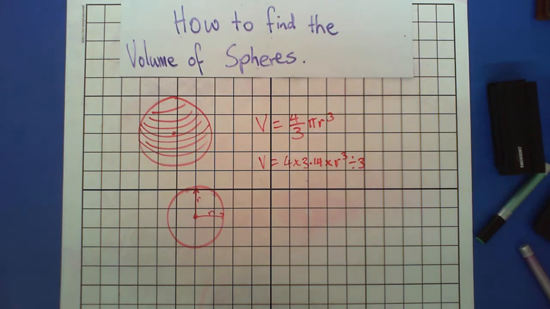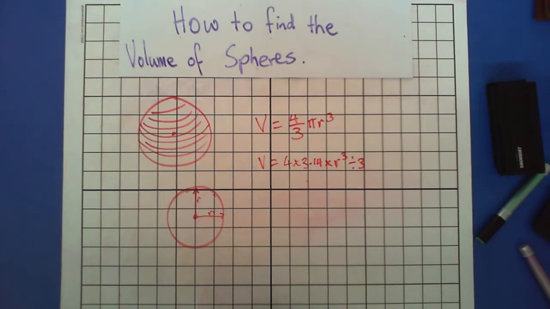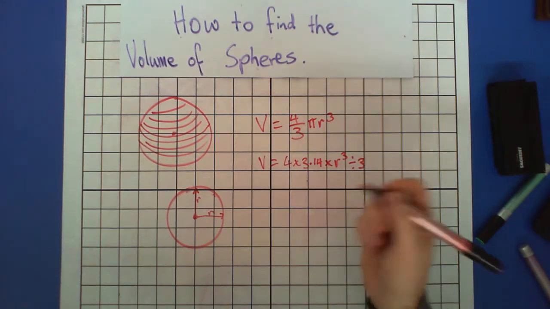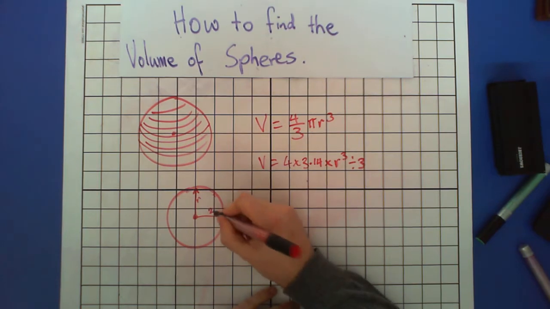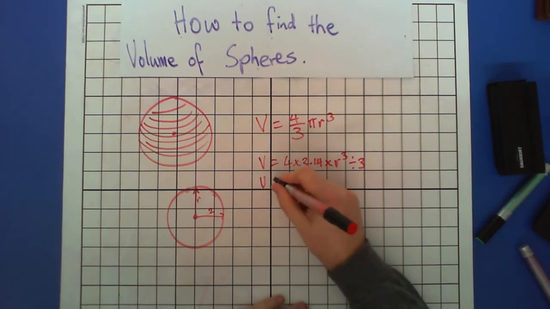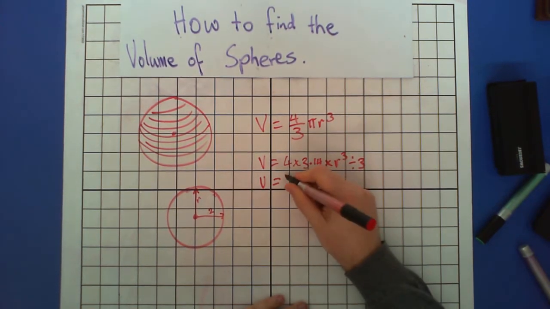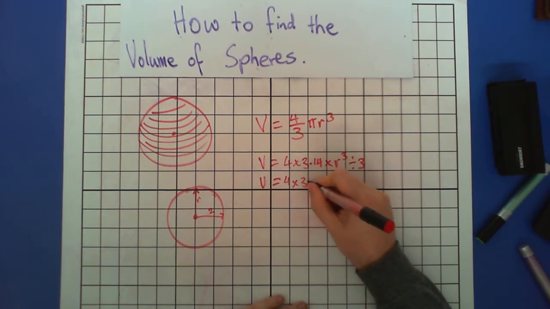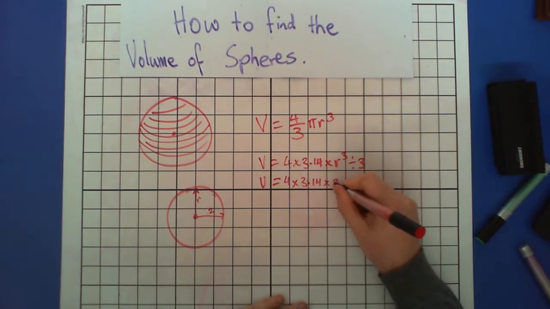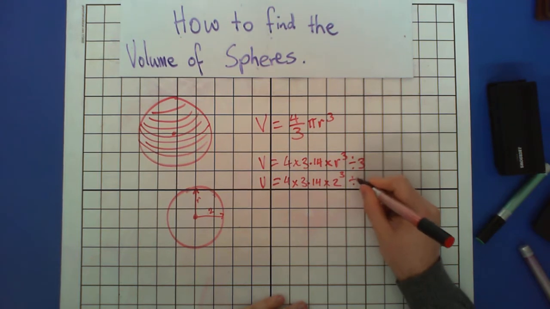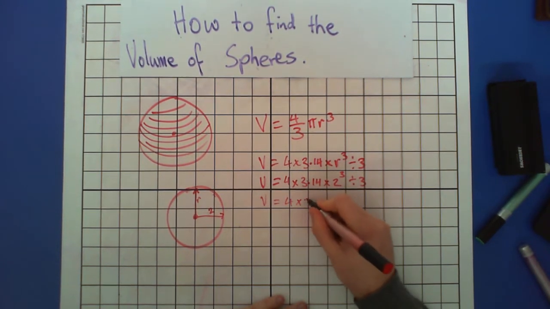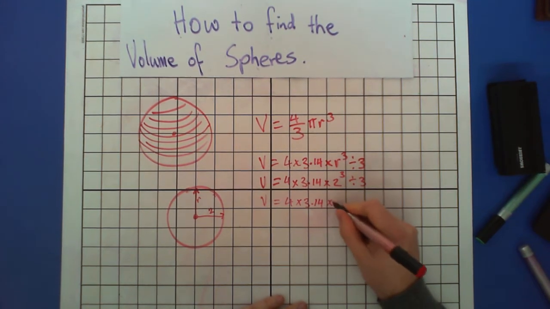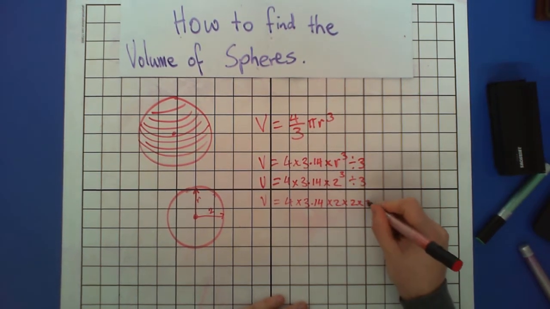So we can go ahead and pick a value for r here, and I'm going to keep it small to make it easier on myself and say that the radius is 2 centimeters. So then our volume is going to be 4 times 3.14 times 2 to the power 3, or 2 cubed, divided by 3. And that means we've got 4 times 3.14 times 2 times 2 times 2 divided by 3.